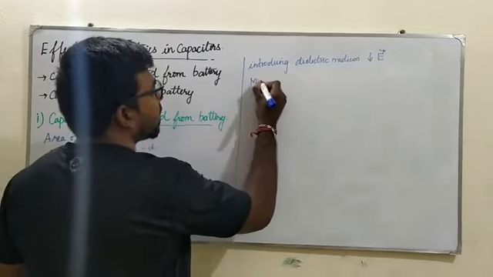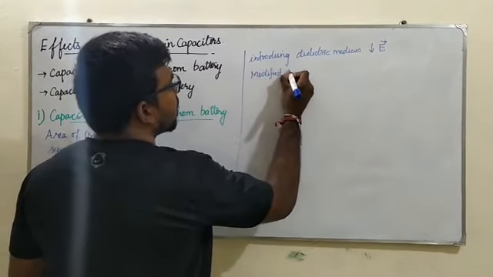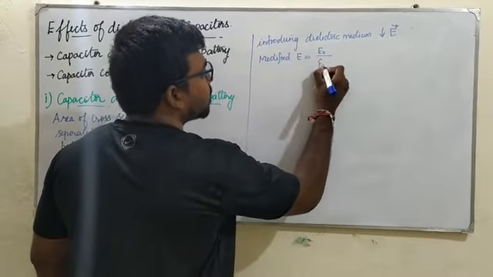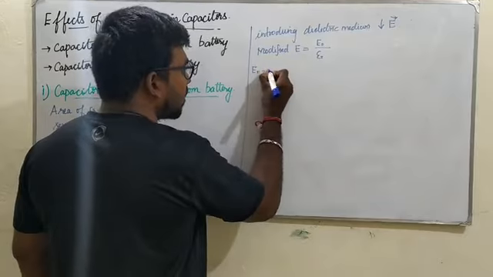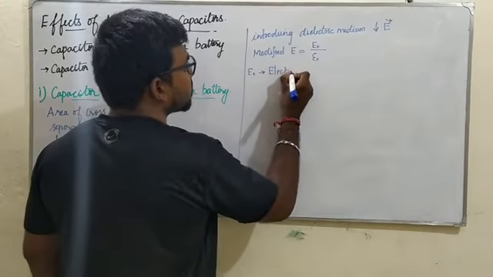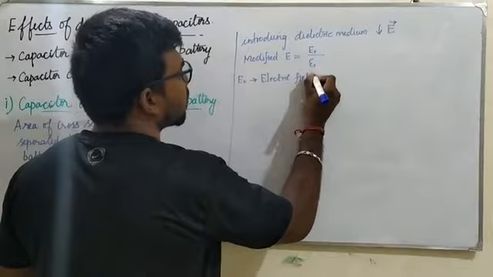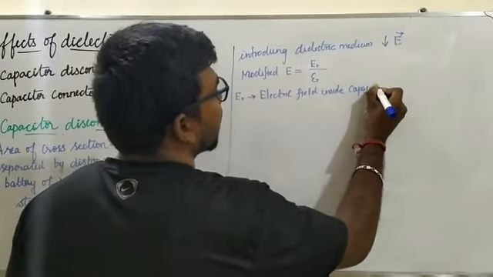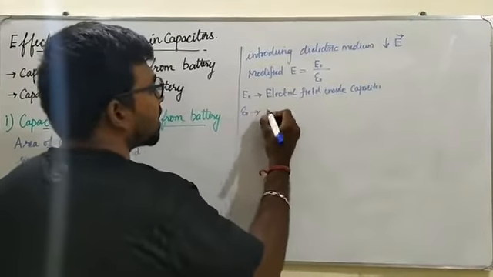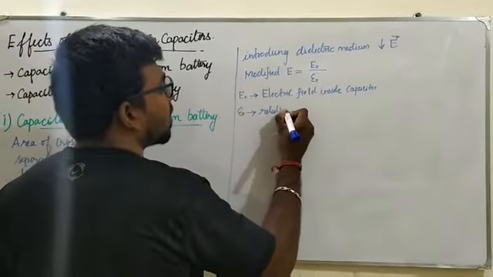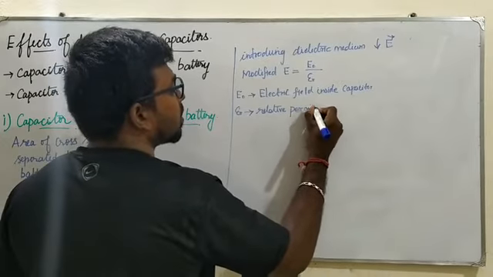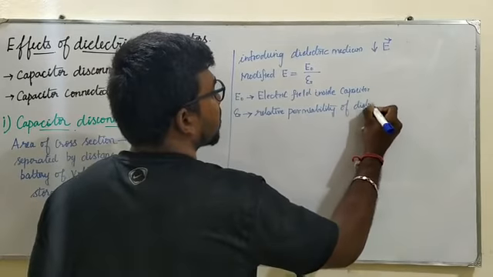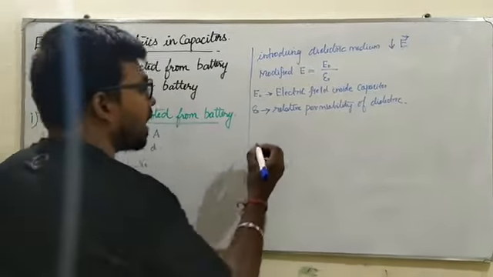So the modified electric field can be written as E equal to E naught by epsilon r, where E naught is the electric field inside the capacitor and epsilon r is the relative permittivity of the dielectric.